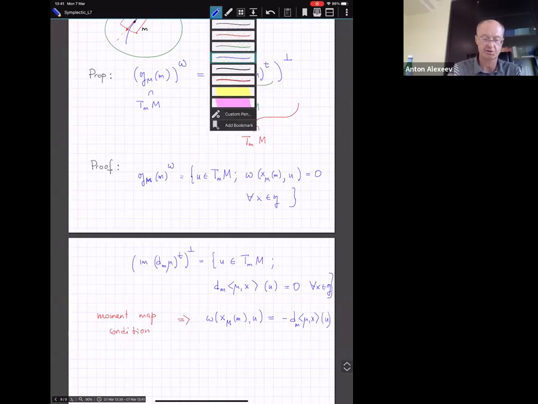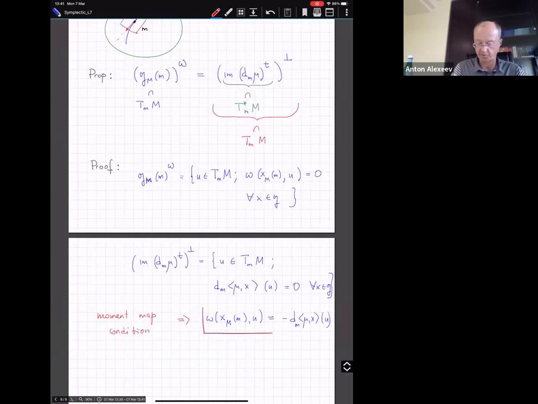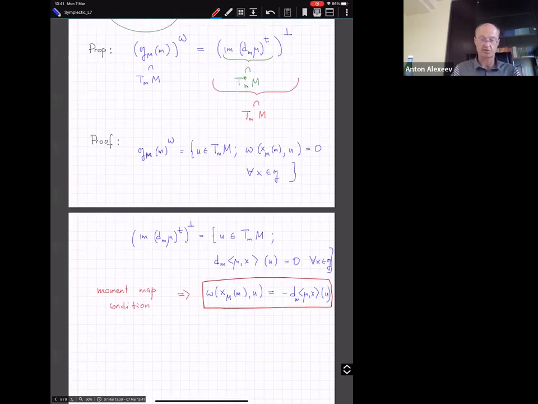So that's just the moment map condition. And now in one definition, we want the left-hand side to be 0. In the other definition, we want the right-hand side to be 0. So these conditions are clearly equivalent, right? Okay, so that's the end of the proof.